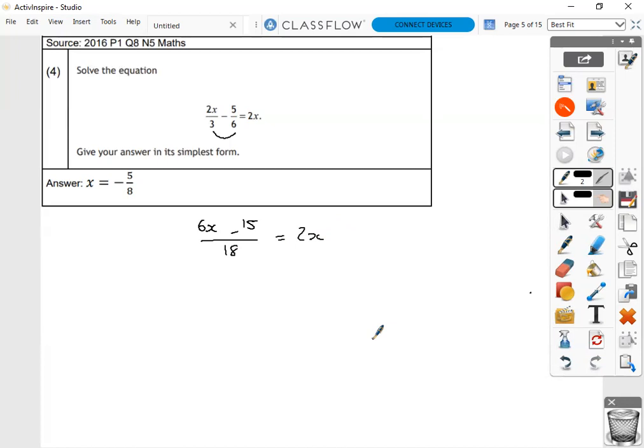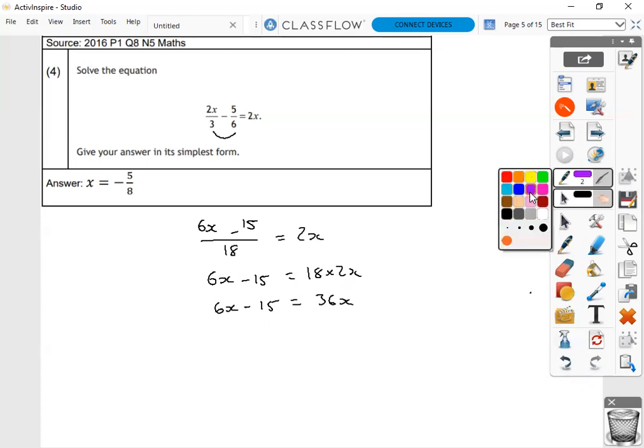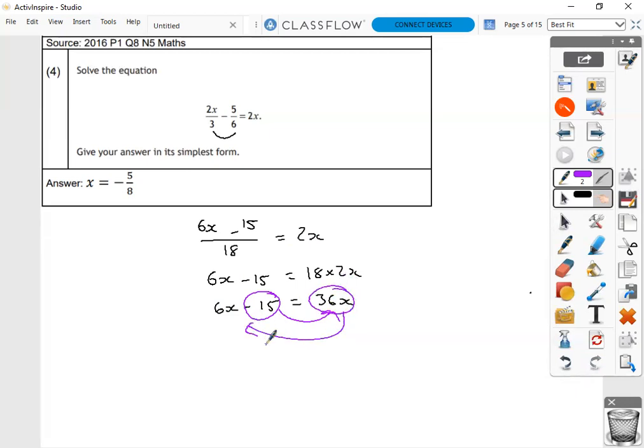So I'm going to do that. 18 comes across, so it'll be 18 times 2x. 6x minus 15 equals 36x. Going to bring the whole number. So now I want all my whole numbers to come across the right hand side, and all my x's go the opposite direction, to the left hand side.